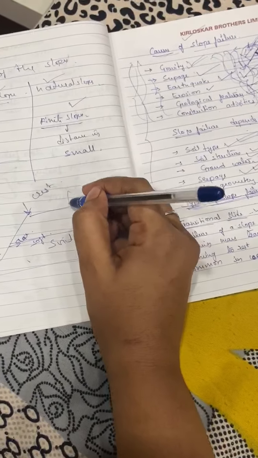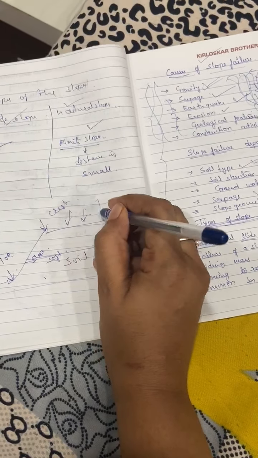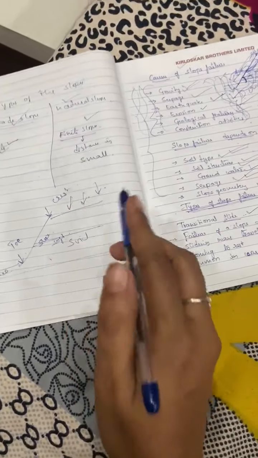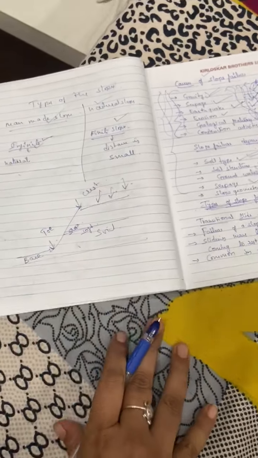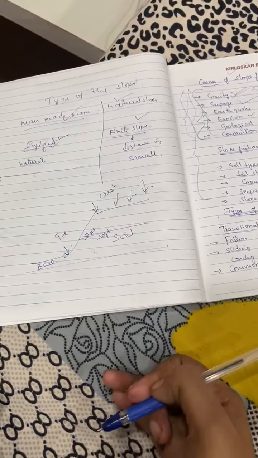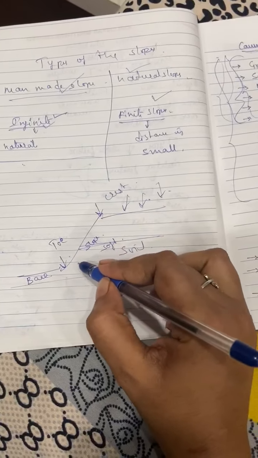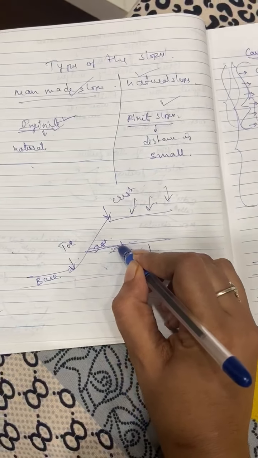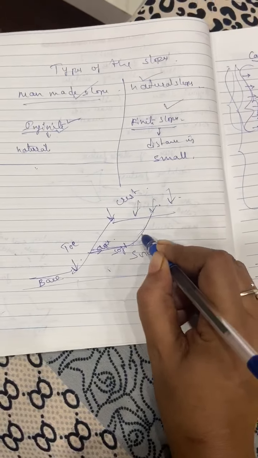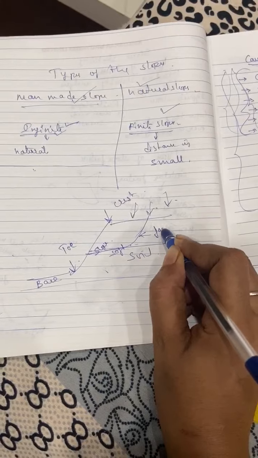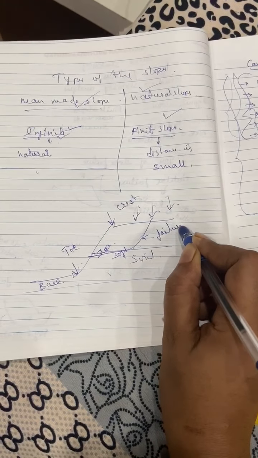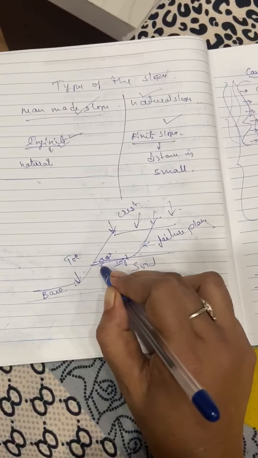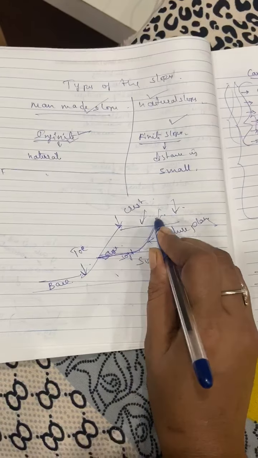When you apply some load, because of all these forces, your slope is going to fail. Obviously the soft soil is going to fail. This is your failure envelope or failure plane. Your soil is going to fail in this direction.